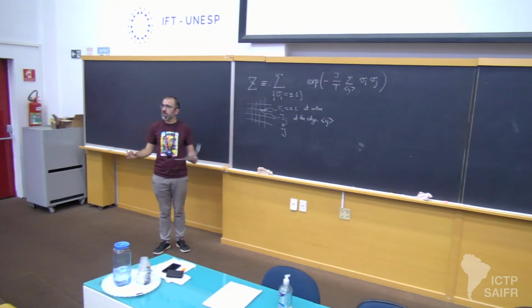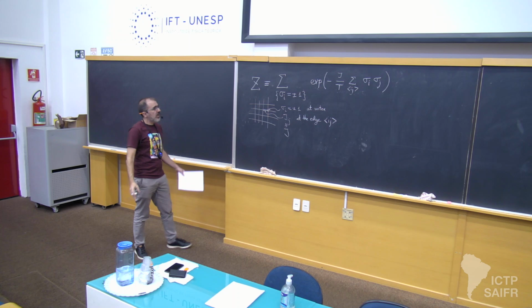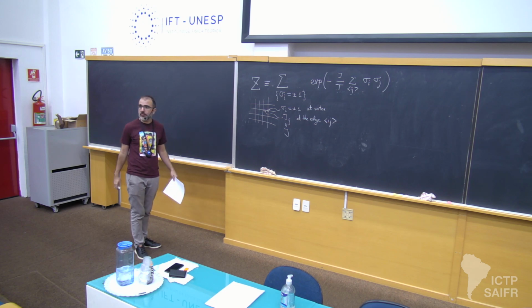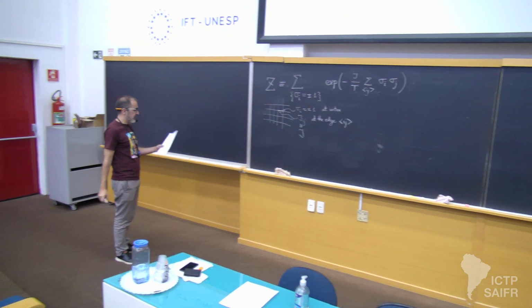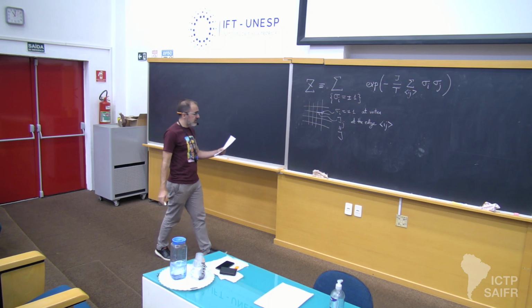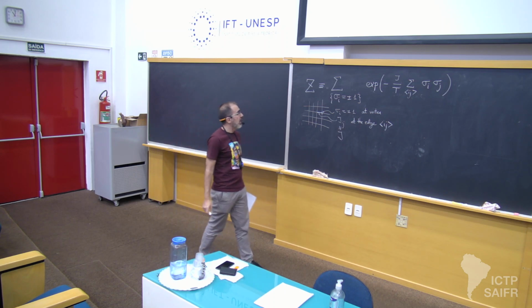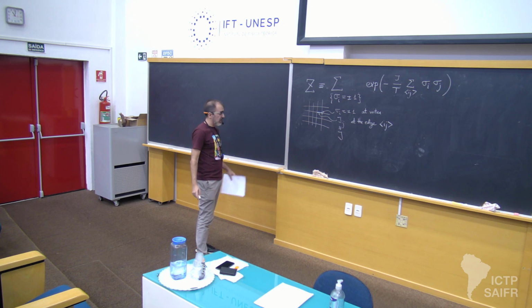So everyone knows that this is just the Ising model, where I have some coupling, J, that tries to force the spins to be aligned with each other. Okay, very good. And so T is the temperature, and this is the definition of the Ising model.